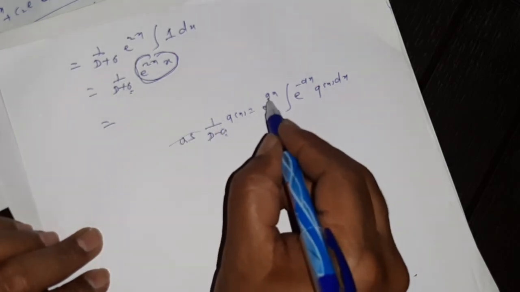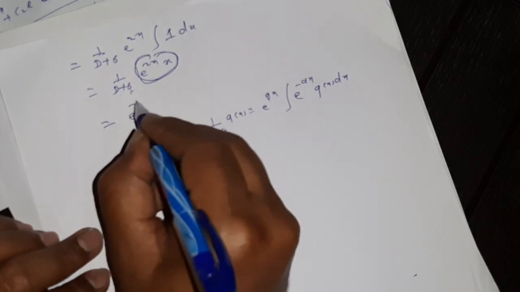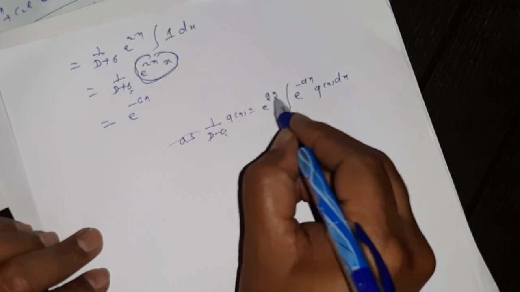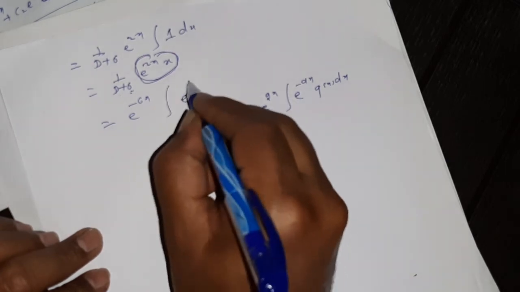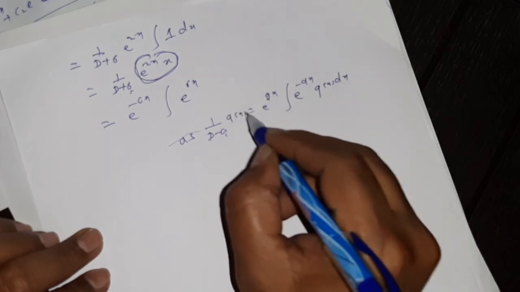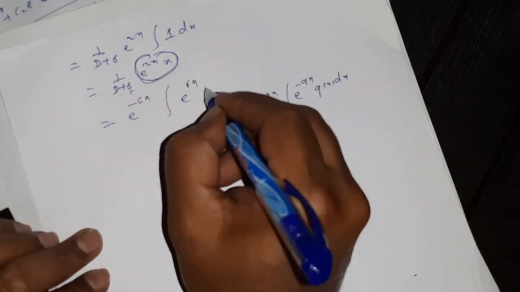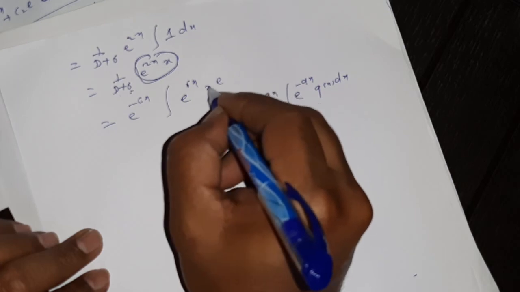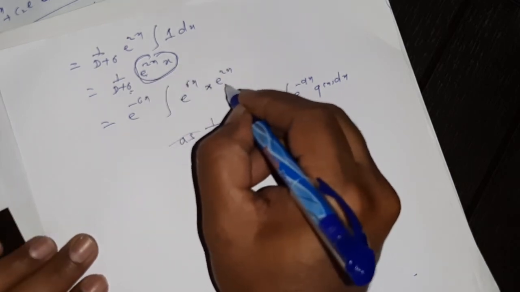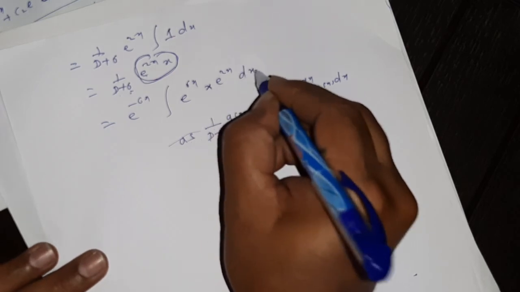So write e raised to minus 6x, because a is minus 6, integration e raised to plus 6x, because a is minus 6, so minus ax becomes plus 6x. Qx, this is Qx, x e raised to 2x, dx.